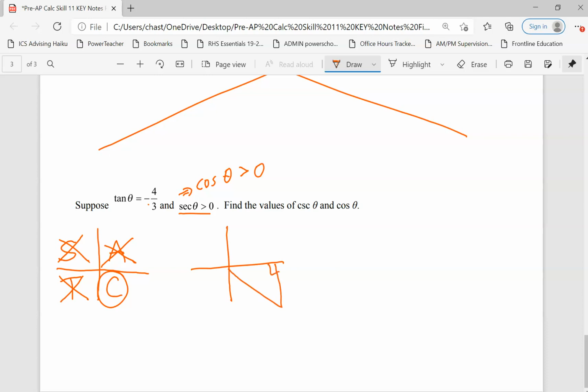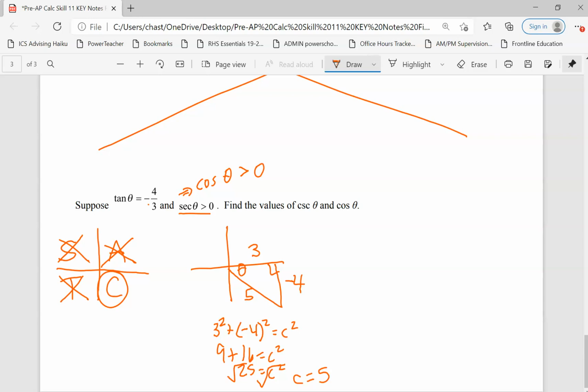Okay, so we know this is our theta. Tangent would be opposite over adjacent, so negative 4 over 3. We need to find the cosecant and the cosine, so we must know the hypotenuse. 3 squared plus negative 4 squared equals c squared. So c is going to be 5.